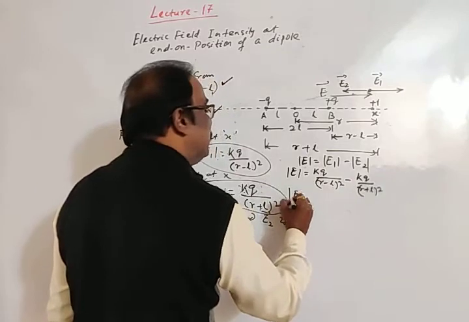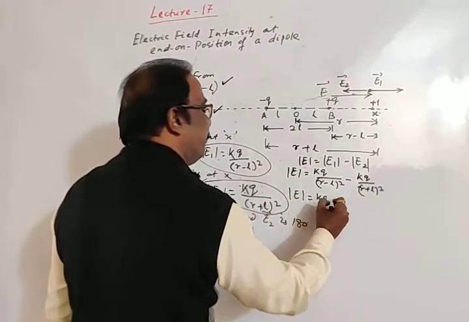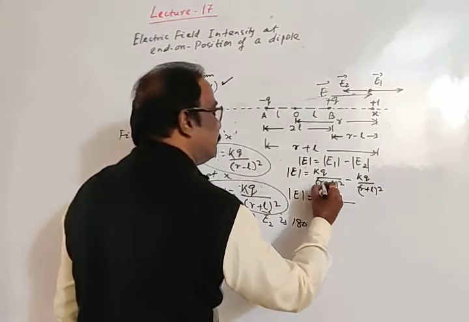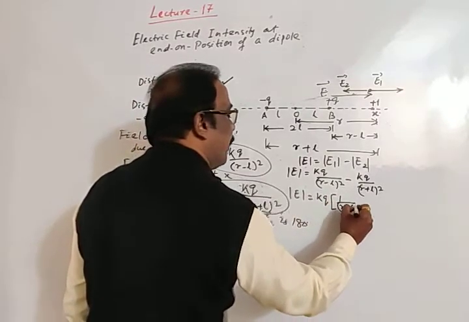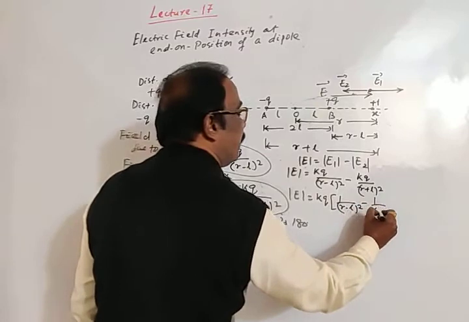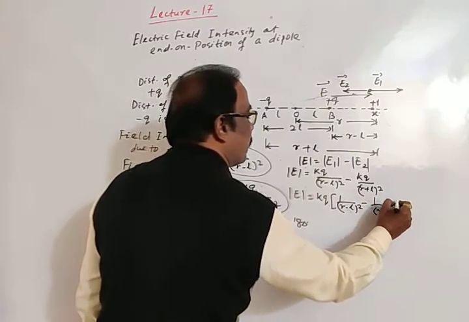This is very easy. Bring kq common. Inside the bracket, 1 divided by (r minus l) whole square minus 1 divided by (r plus l) whole square.